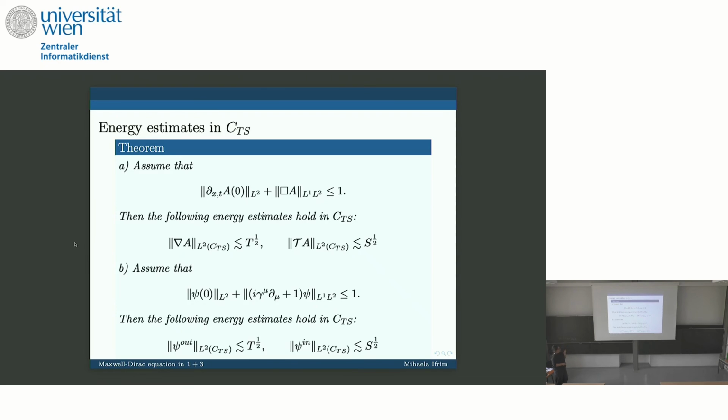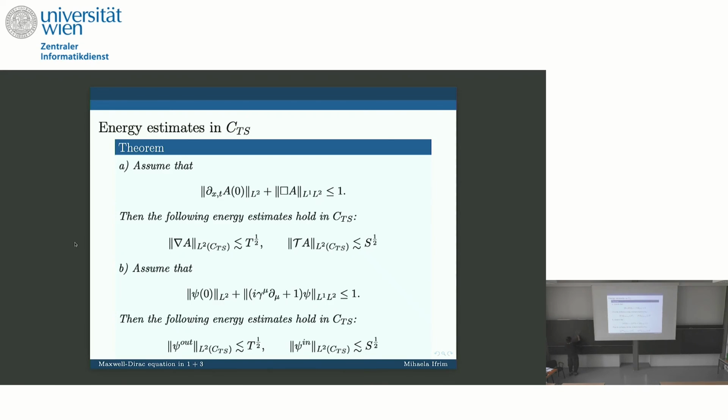One decays better, and one doesn't decay that well. To make a picture, you are in those CTS regions, which is a picture I found very useful. They are like parallelograms, and you remember they come with a foliation that you can make with hyperboloids of your region. And now you have a way to actually bound.